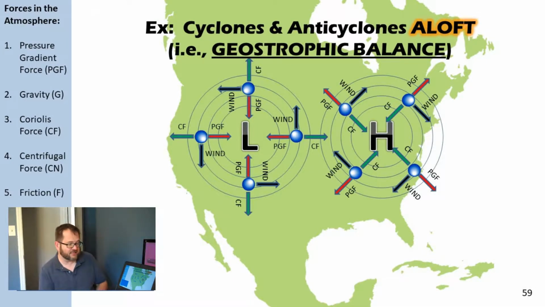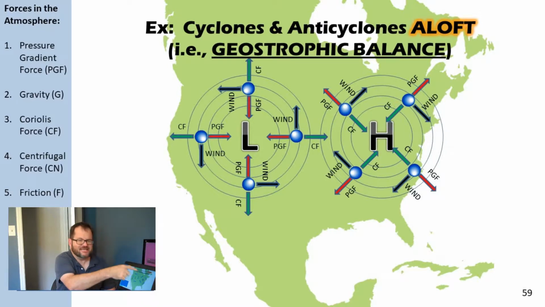It makes winds that are basically going around the area of low pressure in a counterclockwise manner in the northern hemisphere anyway. It'd be the opposite in the southern hemisphere, but we don't care about the southern hemisphere right now. And around the anticyclone, you can see that the winds are going clockwise around it. Yes, there's some rotation, but honestly, these wind speeds are only a few miles per hour. This cyclone is the size of many states.